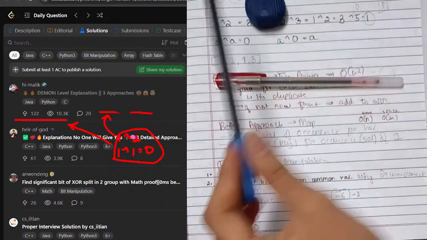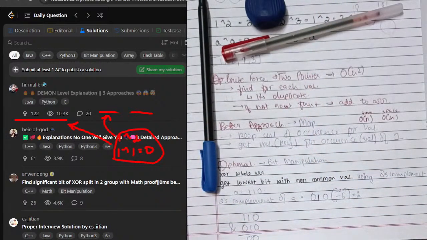So I forgot to do calculation of two's complement. Two's complement calculation. One's complement is the reverse of this, 0 0 1.